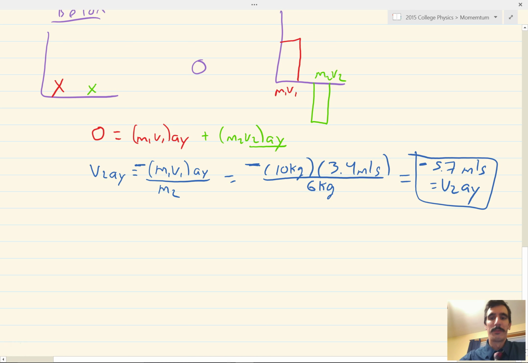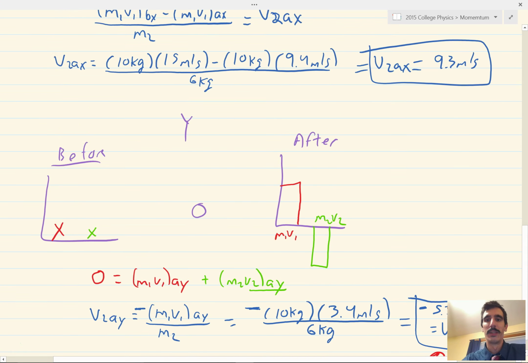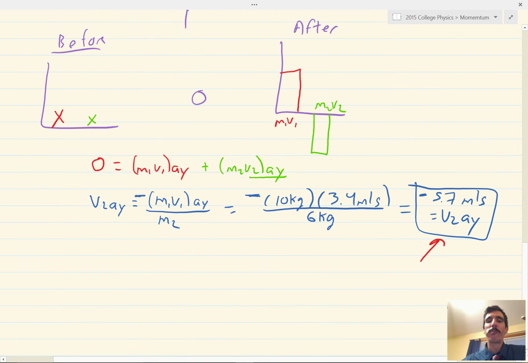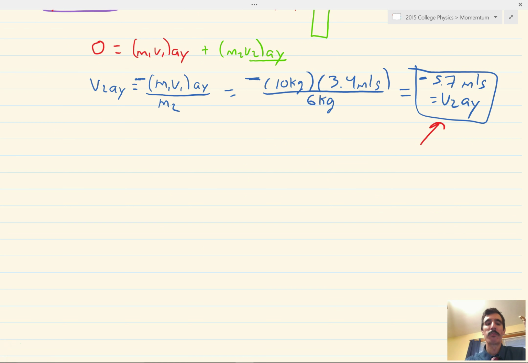Alright, almost done. So we have the velocity of object 2 in the y direction, and we have the velocity of object 2 in the x direction. So let's draw a vector component of our velocity of object 2 after they collide.